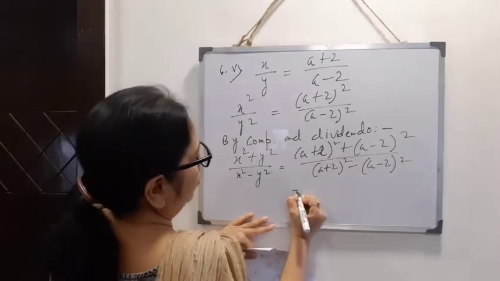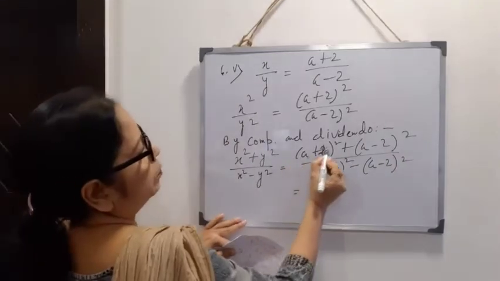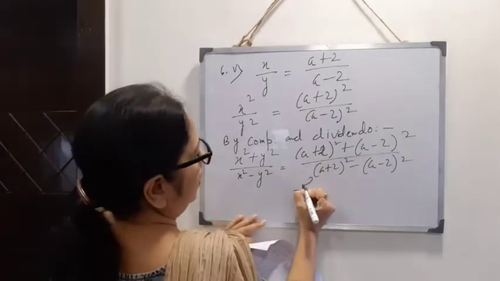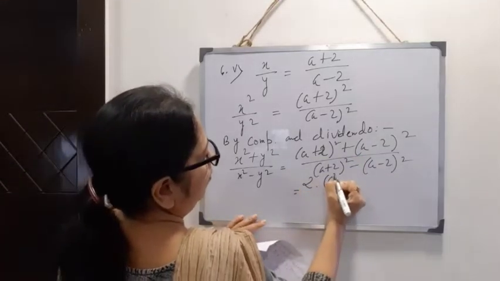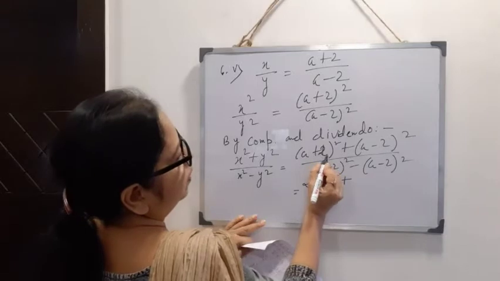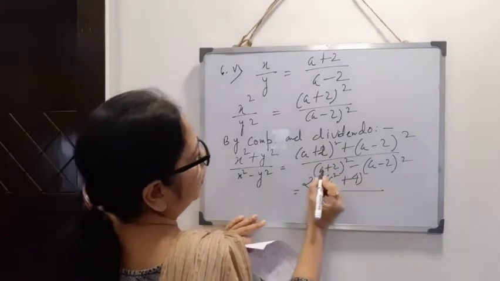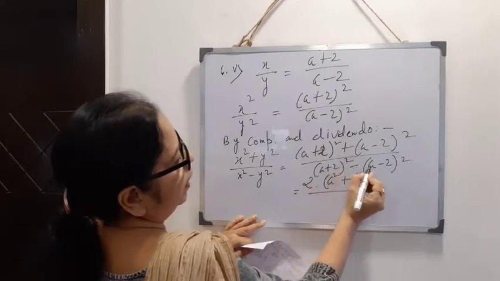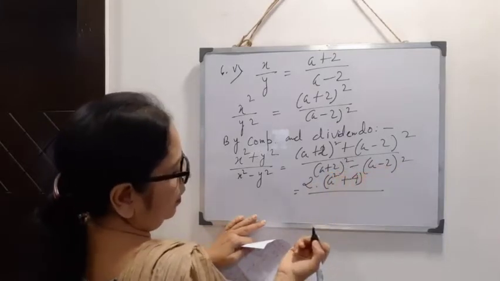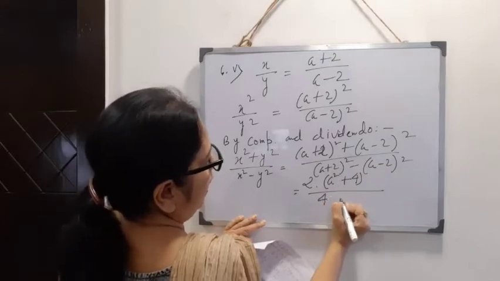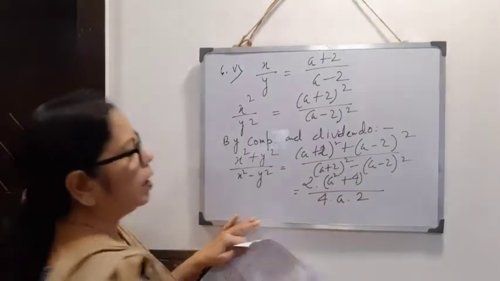Now you know that (a plus b) whole square plus (a minus b) whole square equals, directly we can write, 2 into (a square plus b square). b square means b is here 2, so it will become 4. And the denominator (a plus b) whole square minus (a minus b) whole square, that means it will come 4ab.